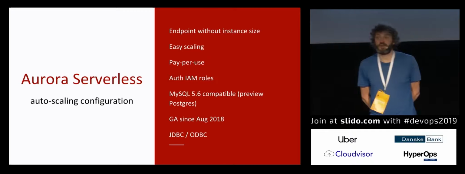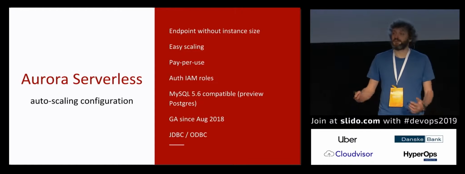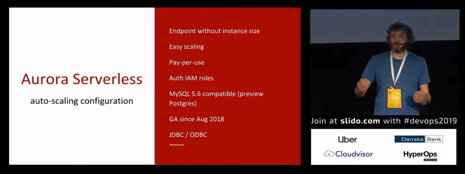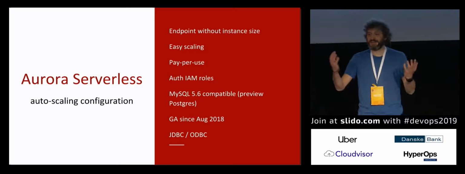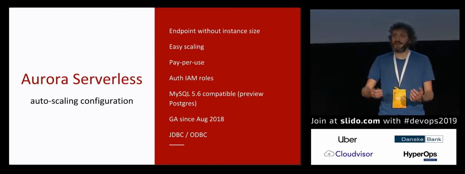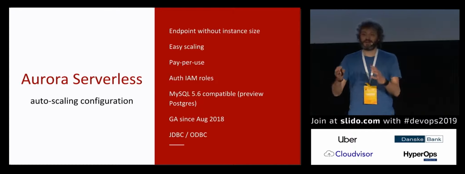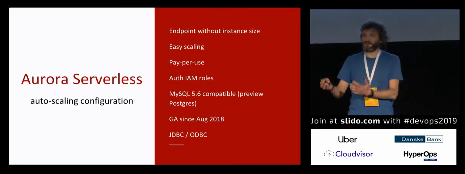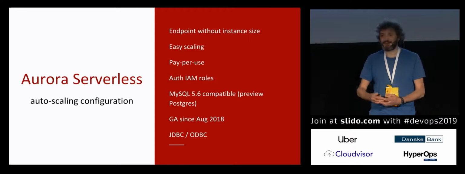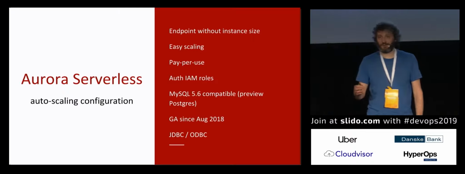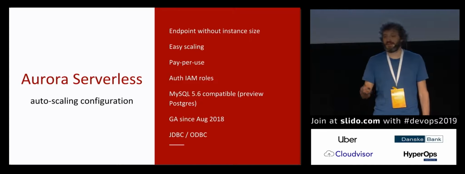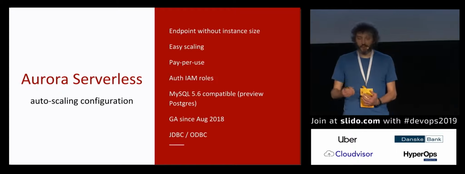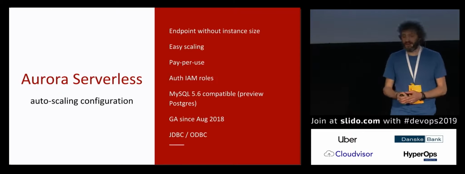You have an endpoint, and as a developer, what you would like is to call a database, call a CNAME, or possibly not an IP address, but an endpoint, and that endpoint scales according to the traffic I generate. Why should I manage 35 plus instance classes or whatever else? I just want my database to scale according to what I need. Well, Aurora Serverless is going in that direction.